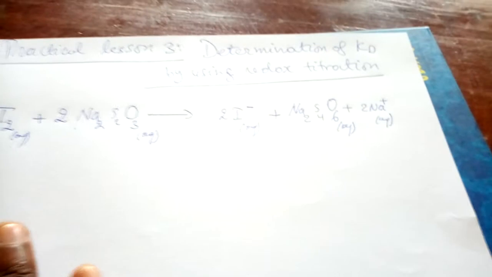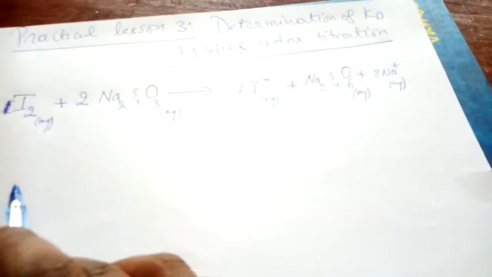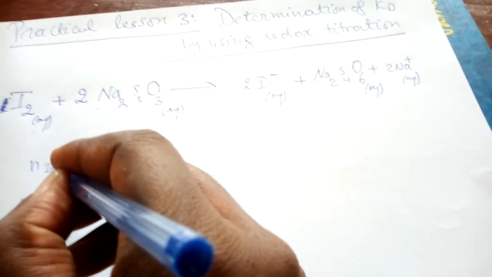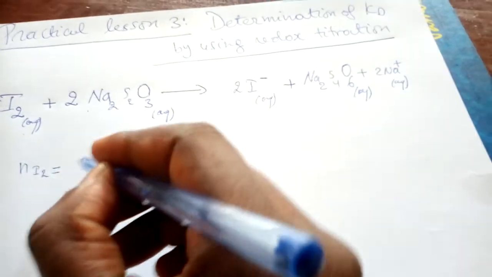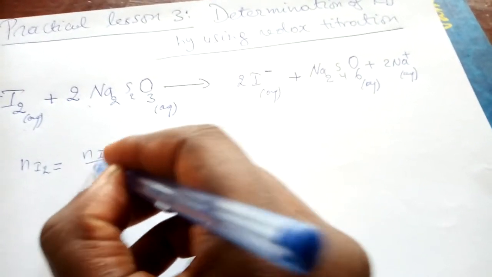Dear students and dear learners who are following this lesson, when we are titrating, it means that the number of moles of iodine is equal to the number of moles of thiosulfate over 2.